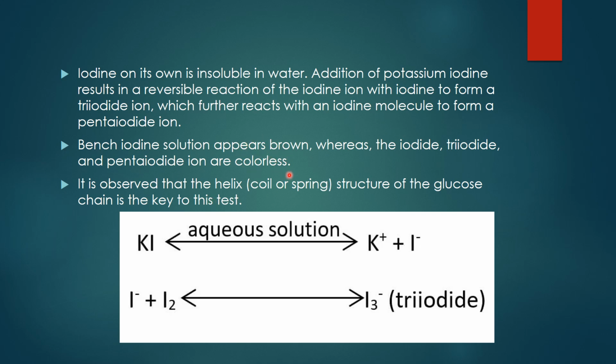So the polyiodide, which is triiodide or even pentaiodide, is colorless, but when they are bound to the helix structure of the polysaccharide or the starch, they will give a certain color, like blue for the starch, like black for glycogen, and so on.